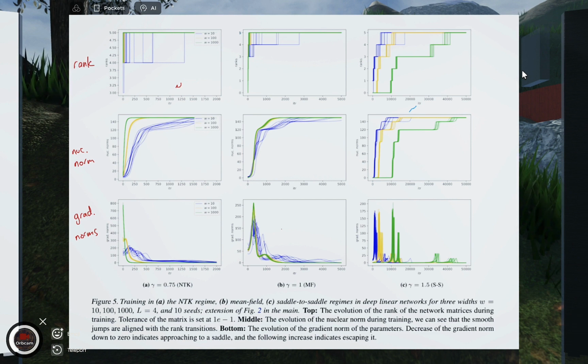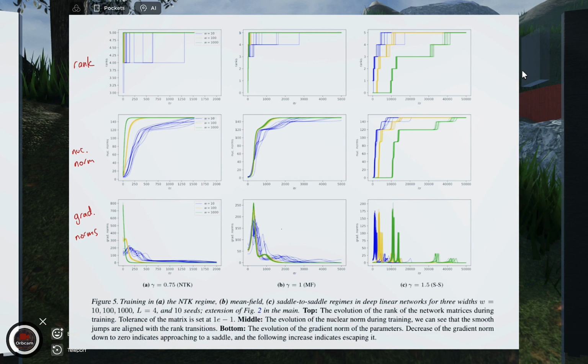Well, look here. This sure looks suggestive. Sure looks like it's learning one component at a time. And if you plot the loss on top of this, you see that those moments coincide, just like you would expect.